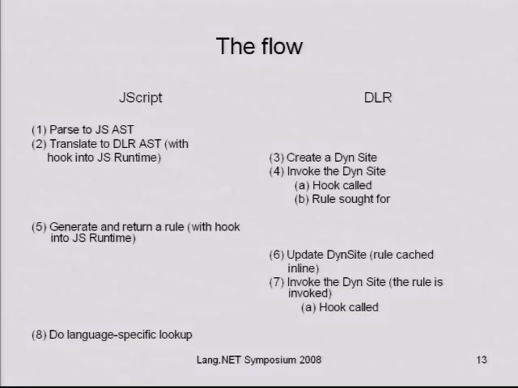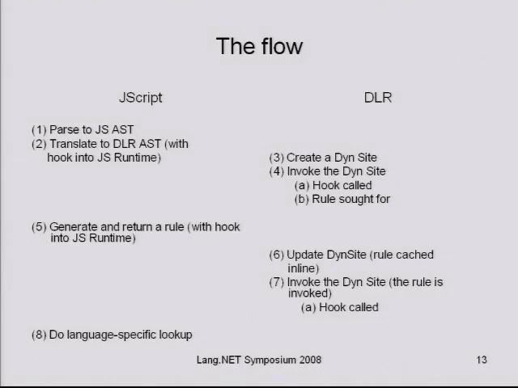A dynamic site is created and invoked, because a dynamic site is an invocable entity. In the process of invoke, our hook got called and we did whatever was the language specific operation like boxing. Then the rule is sought by the action binder because it can't possibly figure out what is a language specific rule.